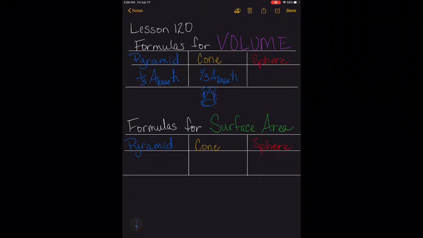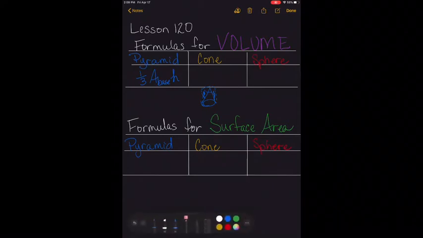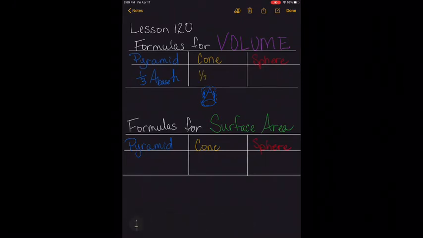It's just that you have all of this area here that you don't need. Okay, so that leaves you with 1/3 of the total volume of a cylinder. Okay, for a cone. And I'm going to actually erase this and rewrite it in the right color so that we're color coded.